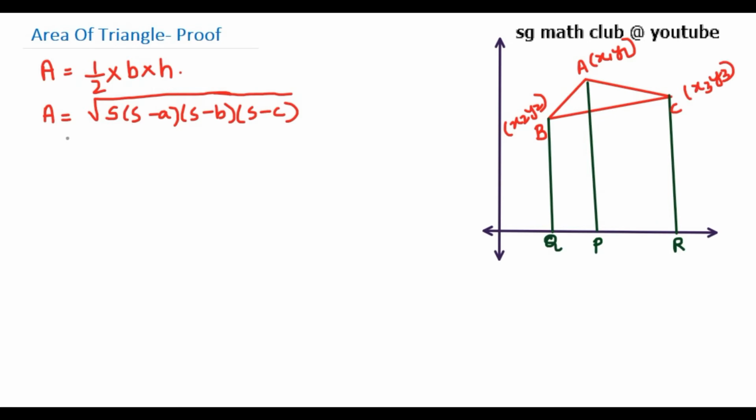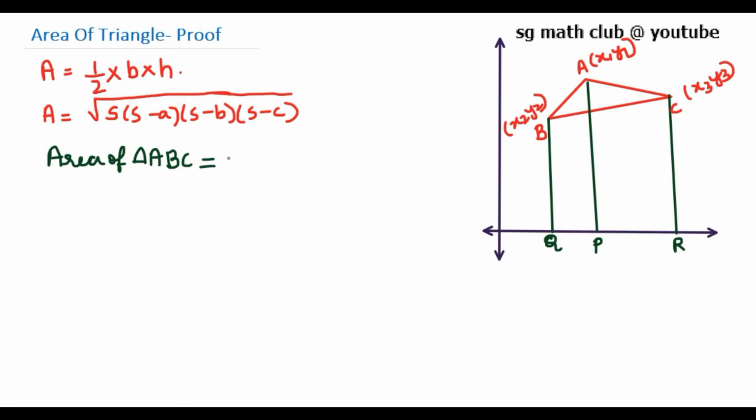Now I can find the area of triangle ABC using trapeziums. This is a trapezium ABQP. If you see, these two lines are parallel.